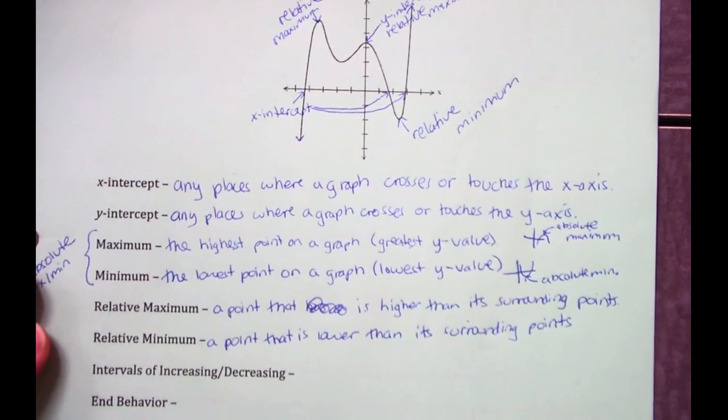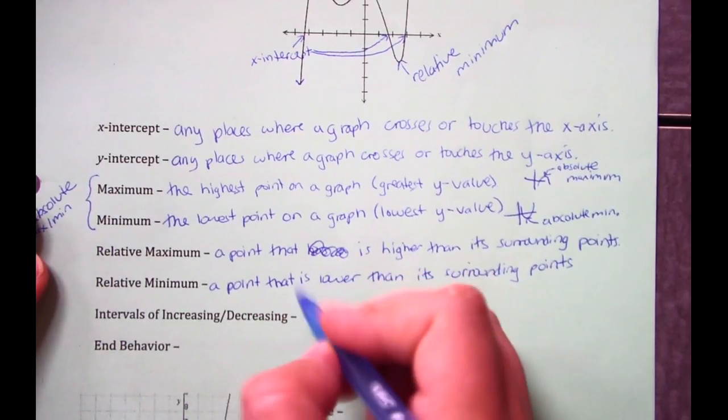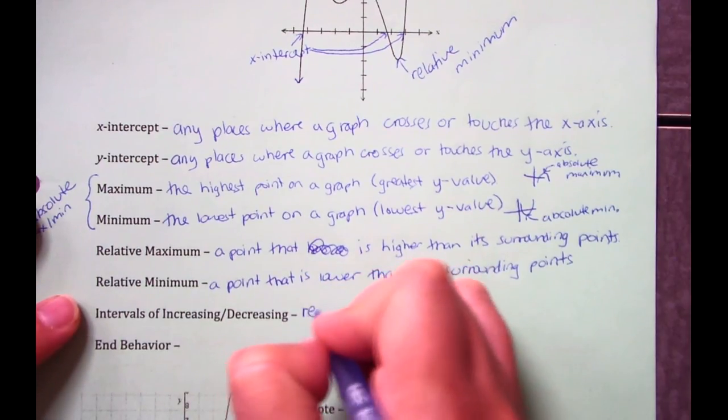Intervals of increasing or decreasing. To identify intervals of increasing and decreasing, you have to think about reading from left to right.